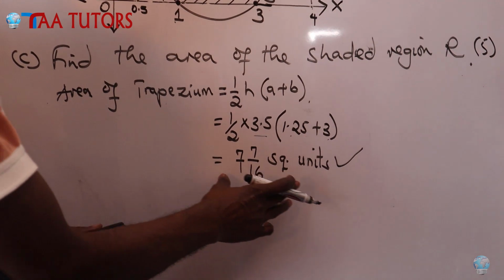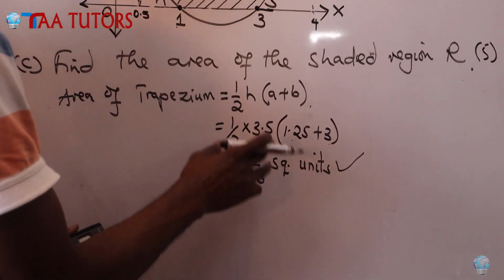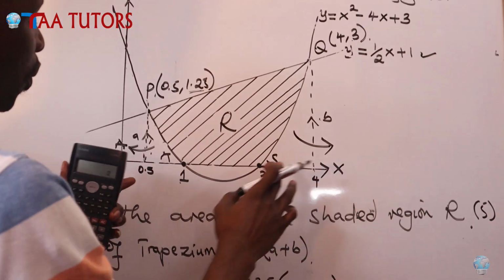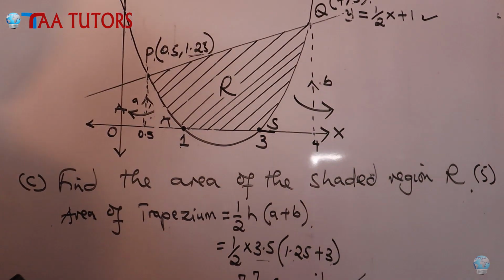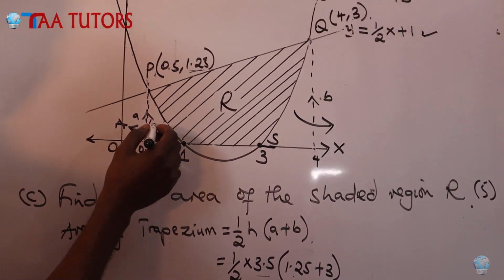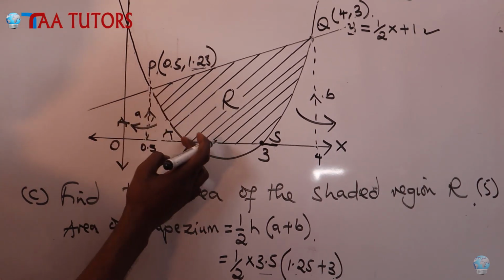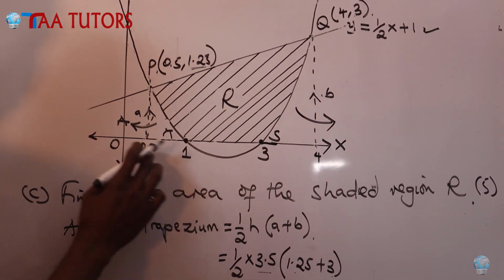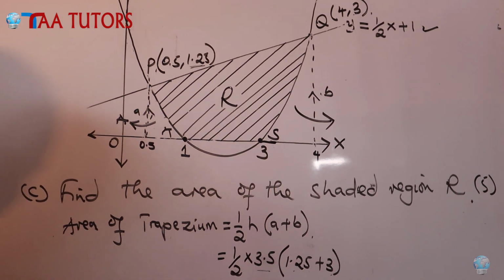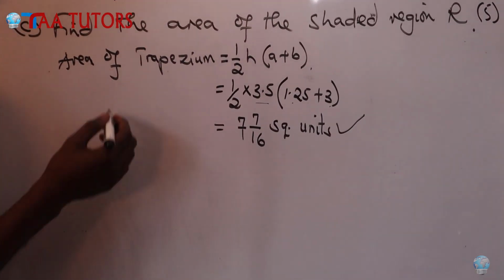Okay, now that we have got the area of the trapezium here, we need now to move on to get this area, the small area here. And the small area here is the area under this curve between limit 0.5 and 1. So I will get that area, let me call it area A, this one here.